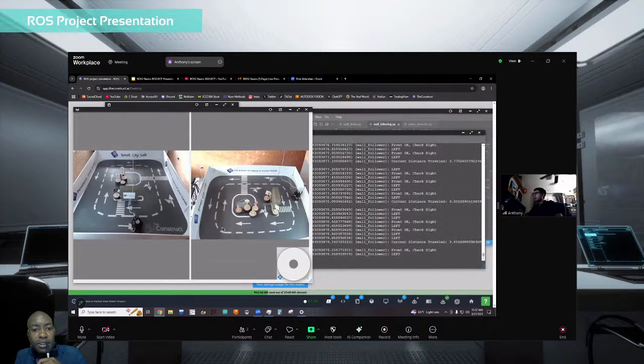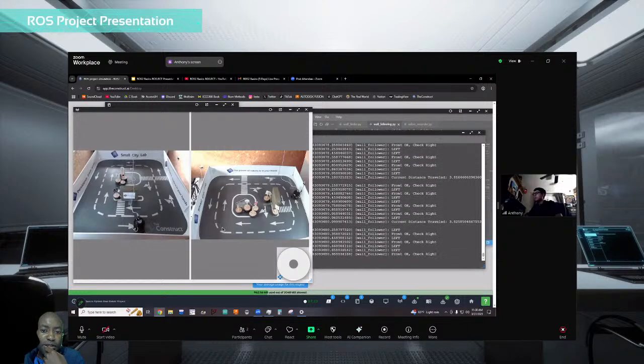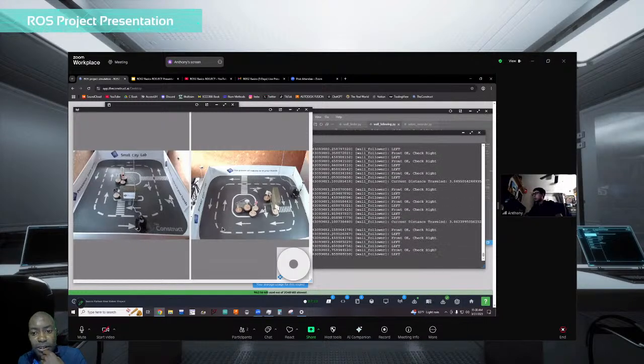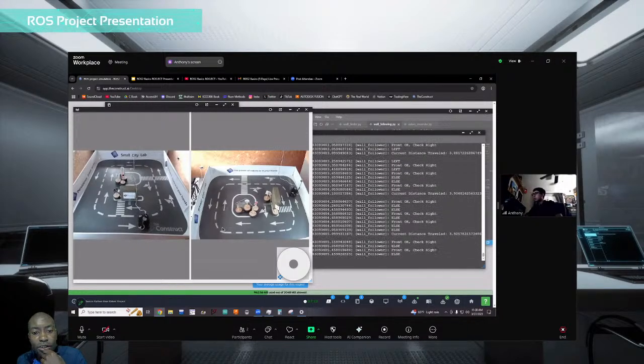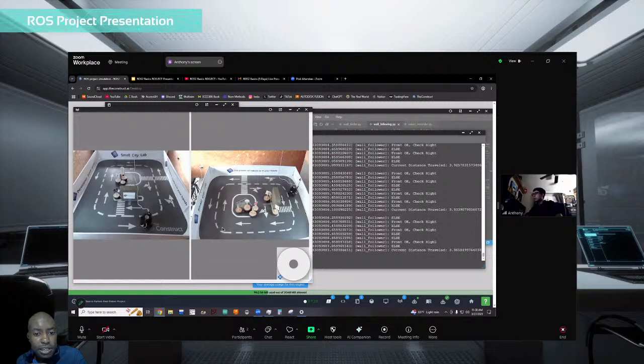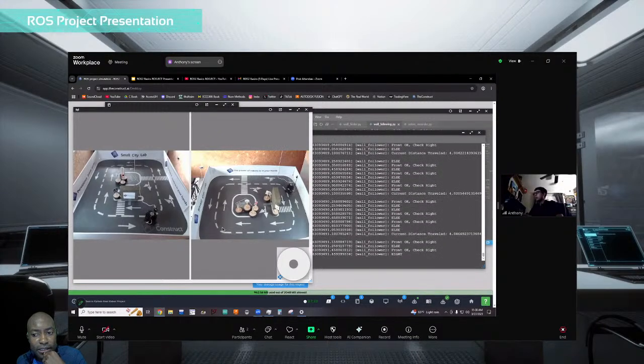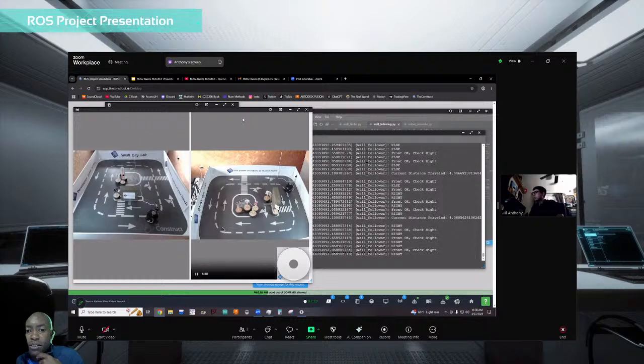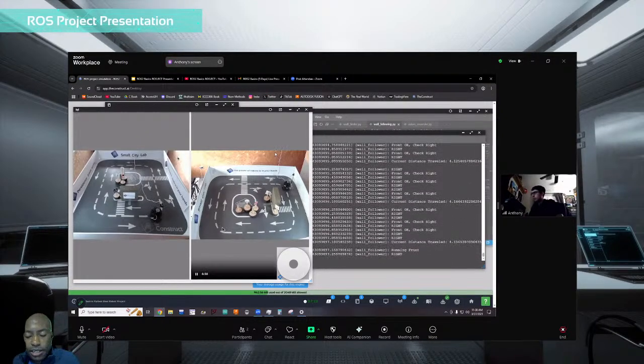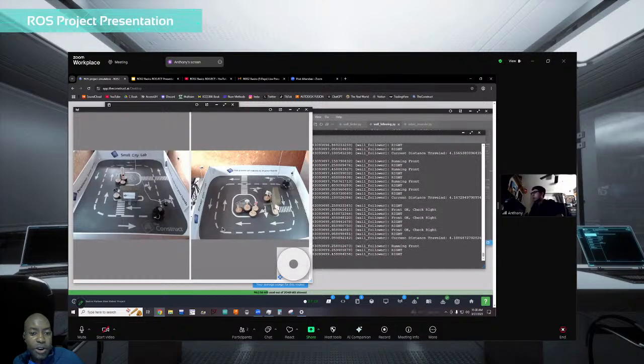Oh, okay. All right. I would like to know, how do you ensure that it avoids the wall? Are you doing some processing of your laser scan data to make sure that it keeps checking? Sorry, can you repeat the question? Because you have to ensure that it doesn't get into the wall, right? How are you ensuring that?